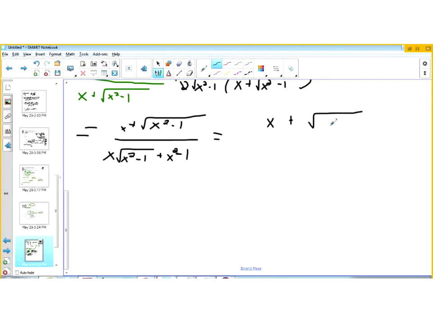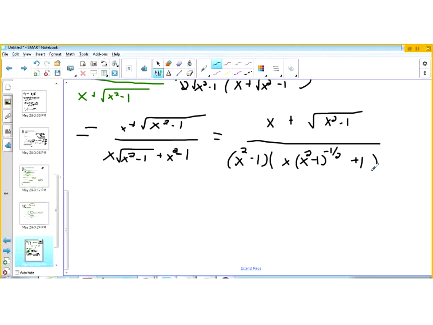So that would equal x plus the square root of x squared minus 1 divided by, let's factor out a square root of x squared minus 1. So that would be x times x squared minus 1 to the negative 1/2 plus 1.